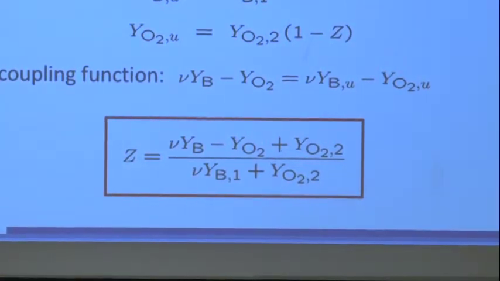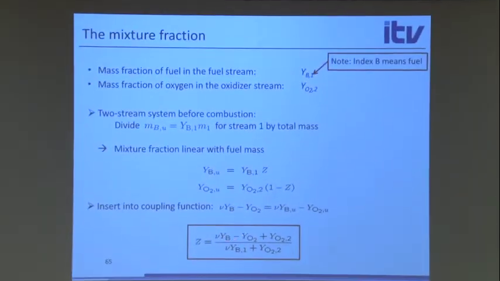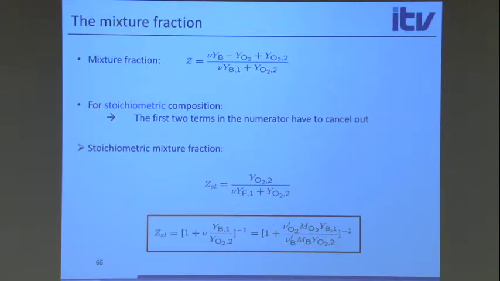So it's normalized between 0 and 1. It seems like it depends on the combustion process itself, but you see that this nu Y_B minus Y_O2 is exactly the coupling function. It's exactly how these two are coupled together, which is why this becomes independent of the combustion process itself. So this was again the definition.